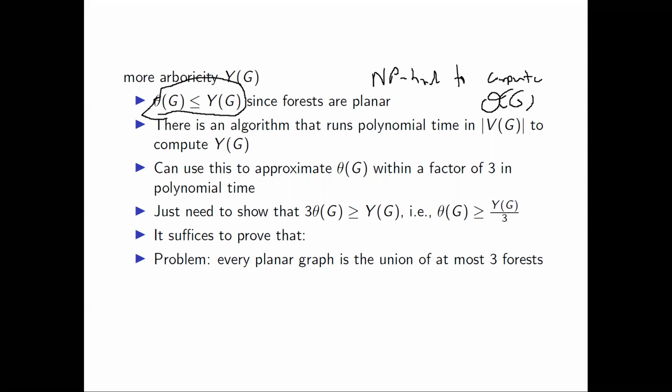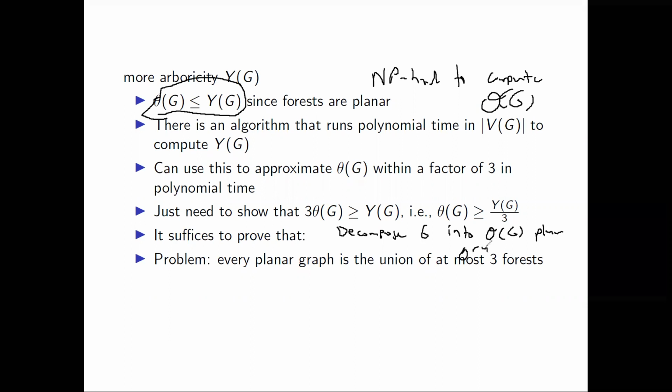And assuming that this is true, so I'll leave this as a problem for you to think about, but assuming that that's true, then we can suppose that we have a drawing of G, and we decompose G into theta of G planar graphs.